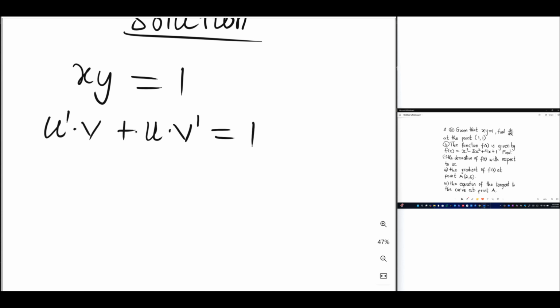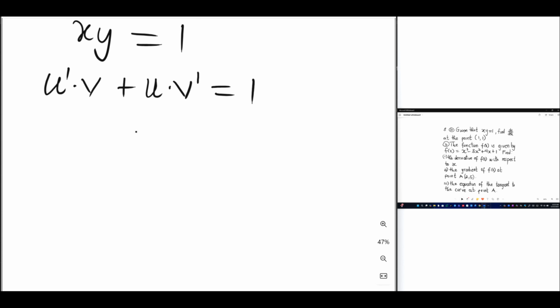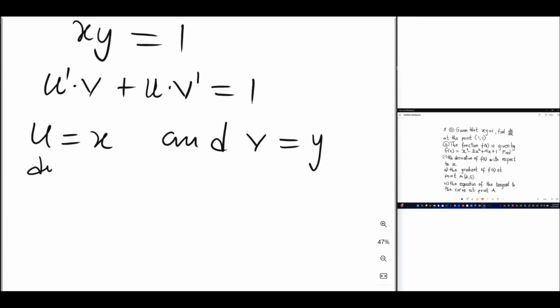All right, so this is what we are going to do. You can name your u to be x and your v to be y. So we apply the product rule on the left hand side of the equation where we have xy. Let us differentiate: du is 1.